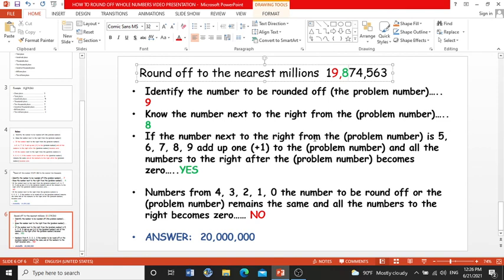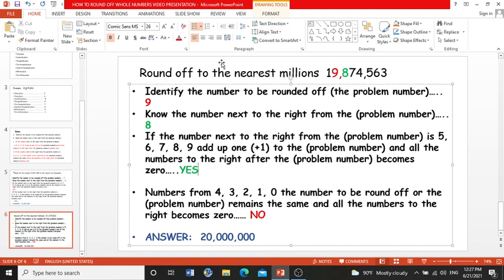If the number next to the right from the problem number is 5, 6, 7, 8, 9, add up 1 to the problem number, and all the numbers to the right after the problem number become 0. So this problem falls in the third rule, rule C. So we're going to use this one.